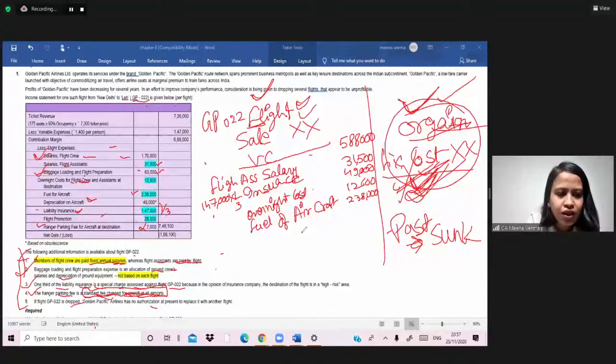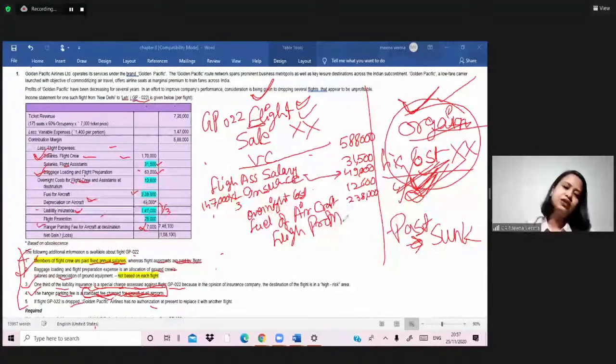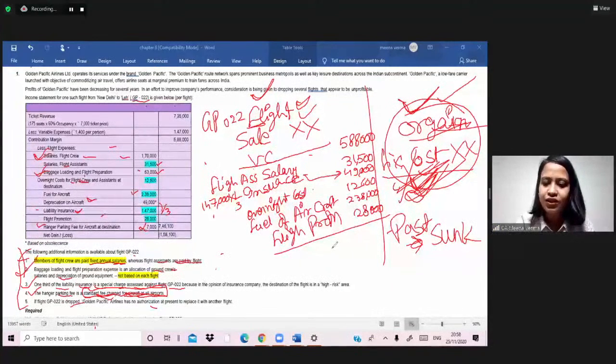Then the liability insurance cost we have already discussed, we have already considered this. And flight promotion charge. ठीक है जी? If no information is given, we will consider that this cost is related to a particular flight. We will consider this information, and after subtracting it, we will find whether you are incurring profit or loss at this place.